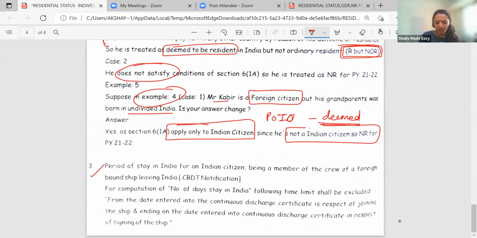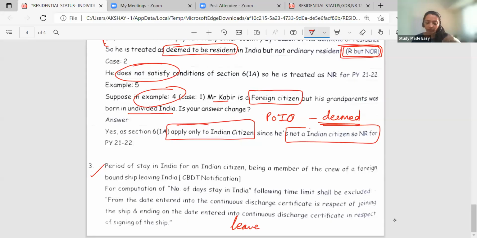Now, when you leave India, this is just a small explanation. When a person leaves India as a crew member of an Indian ship, when a ship moves from India to outside India, obviously it cannot cross the border of India in 1 second or 2 seconds like an aeroplane. It will take 1 month, 2 months, in fact 3 or 4 months to cross the border of India also.